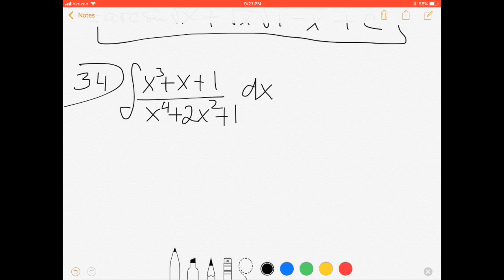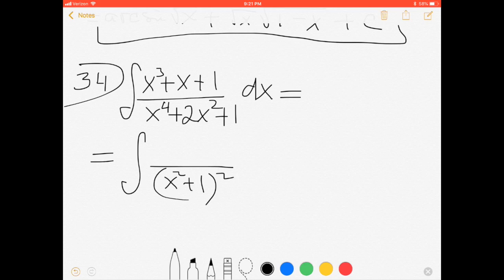Further, I'll simplify my integral a little bit and see what I have here. First, the denominator will be (x squared plus 1) squared. Then I separate x, working with the first two terms, it will be x squared plus 1. Great, this means I can simplify something.